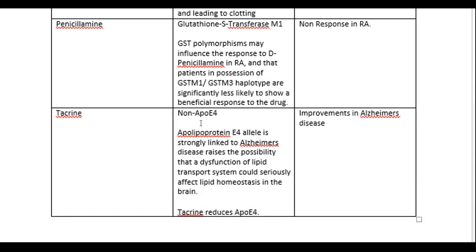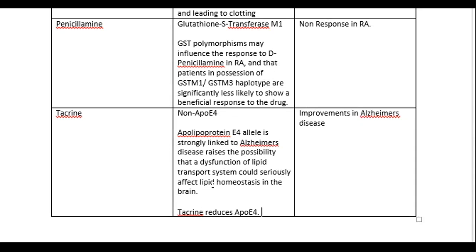The apolipoprotein E4 allele. This is linked with Alzheimer's disease by affecting the homeostasis by dysfunctioning the lipid transport system. Because of this, there is an alteration in the lipid homeostasis, which is causing Alzheimer's disease.